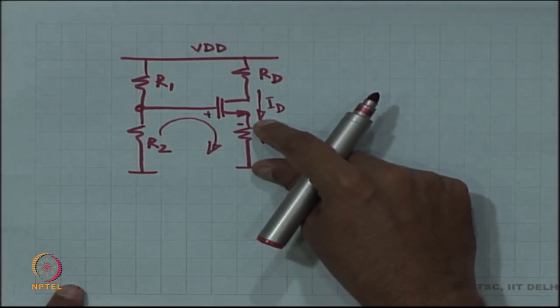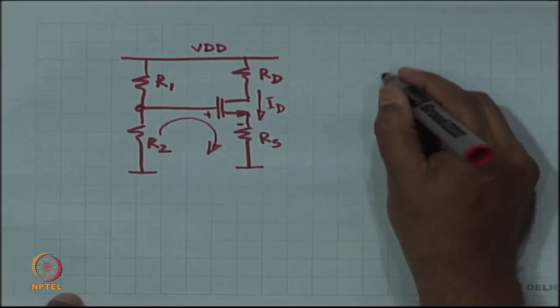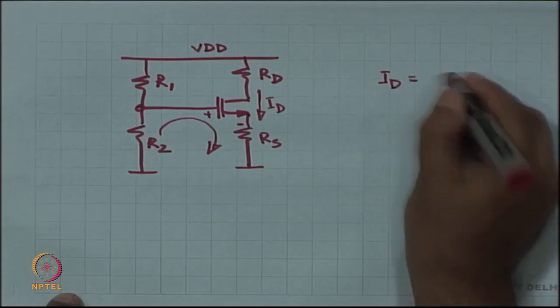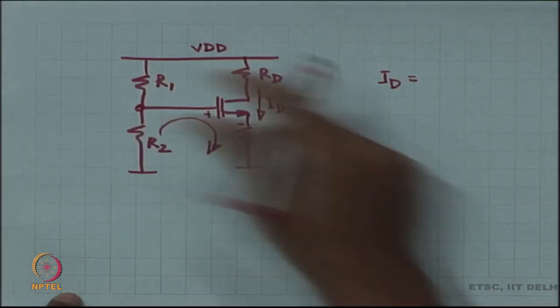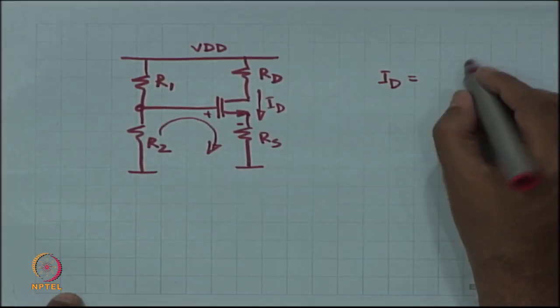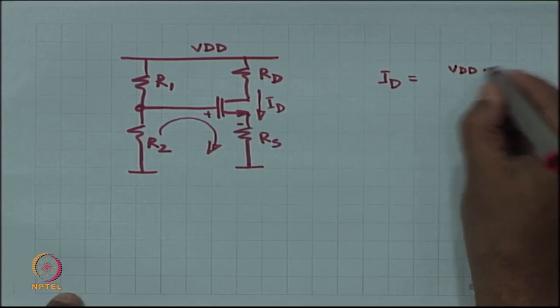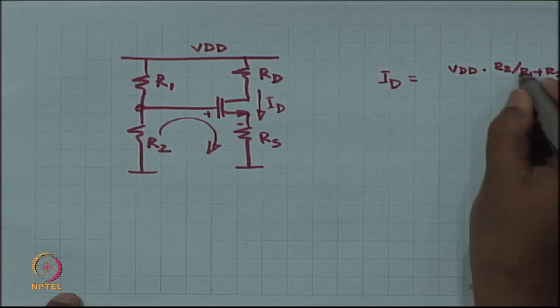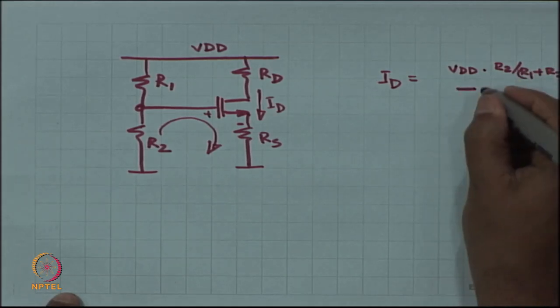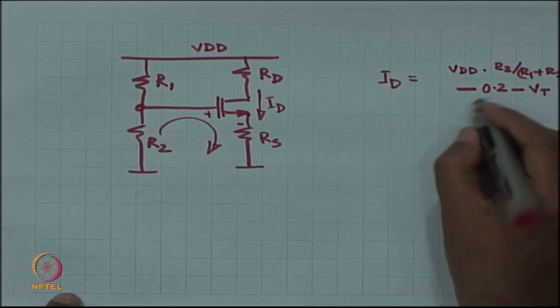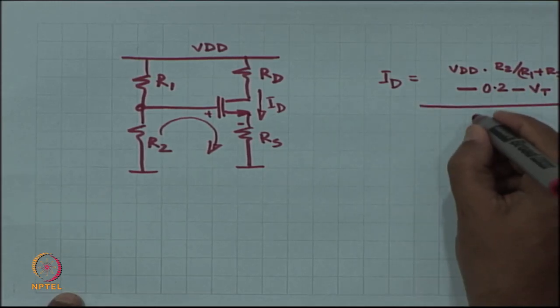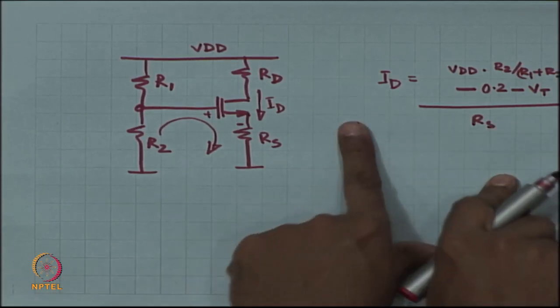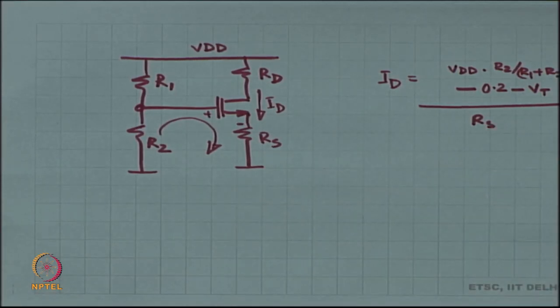and find out ID. So, ID now is fixed to VDD into R1 R2 by R1 plus R2, that voltage, minus 0.2 as the VGST plus VT, the whole thing divided by RS. So, you have actually fixed ID like this.